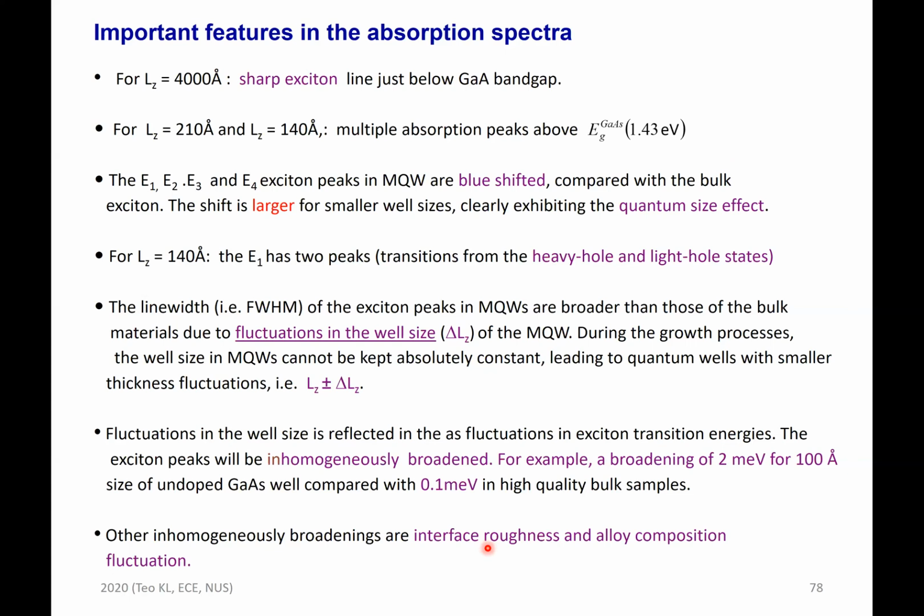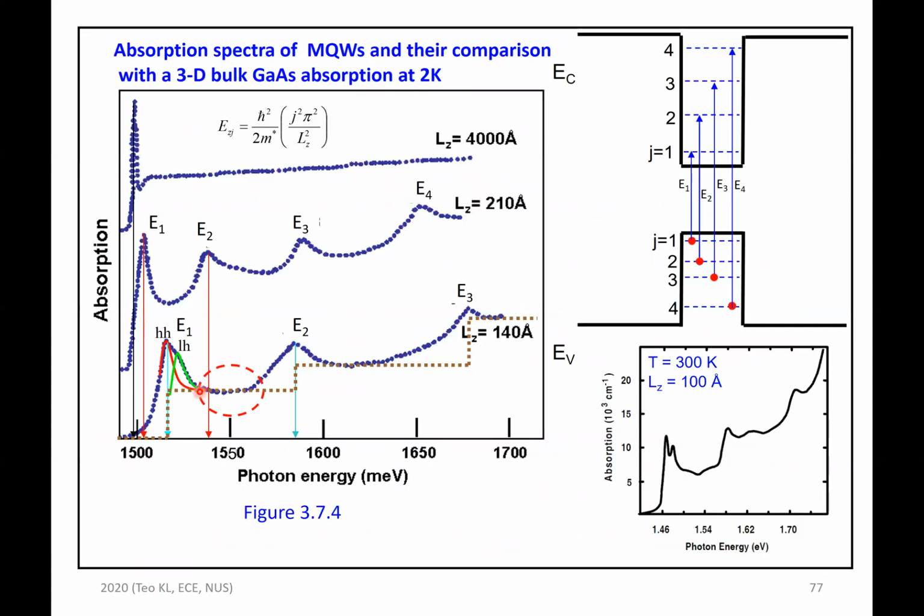When you grow the material, the interface will not be so smooth, or there is a fluctuation in the alloy composition. So instead of aluminum 30% in the aluminum gallium arsenide barrier, there may be some fluctuation in the aluminum, maybe 30 or 30.05. That all adds up to the broadening of the peak itself, the exciton peak.